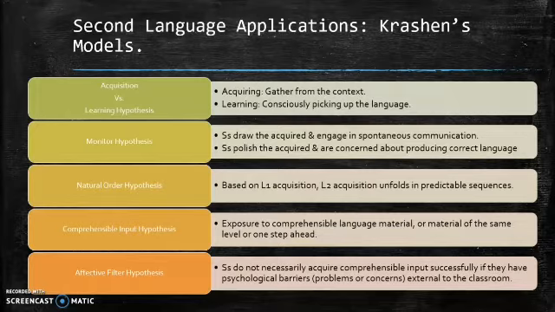Then the natural order hypothesis is basically that the acquisition of the second language happens in predictable sequences, just like in the first language acquisition, that we learn pronouns, nouns, verbs, negation, questioning in the same order. It's the theory. And then the comprehensible input hypothesis, which says that exposure to comprehensible language material, of the same level or one step ahead, means that we basically have to be conscious that every learner has steps or levels of proficiency in the language.